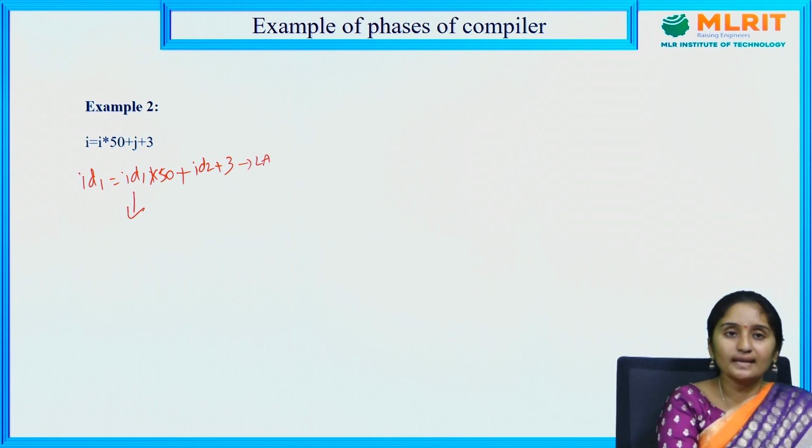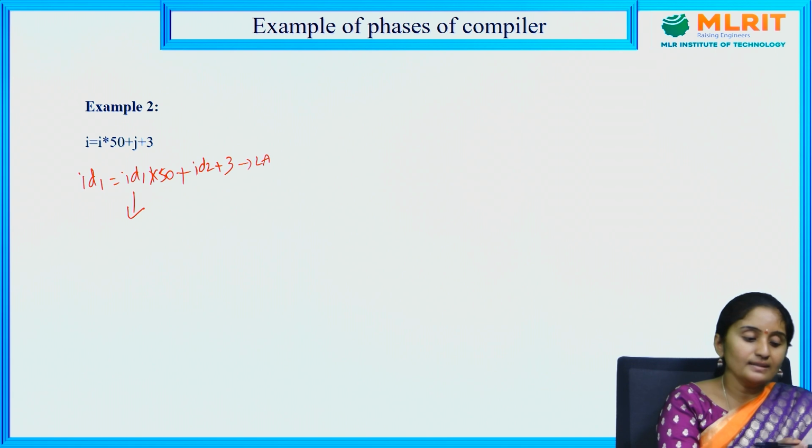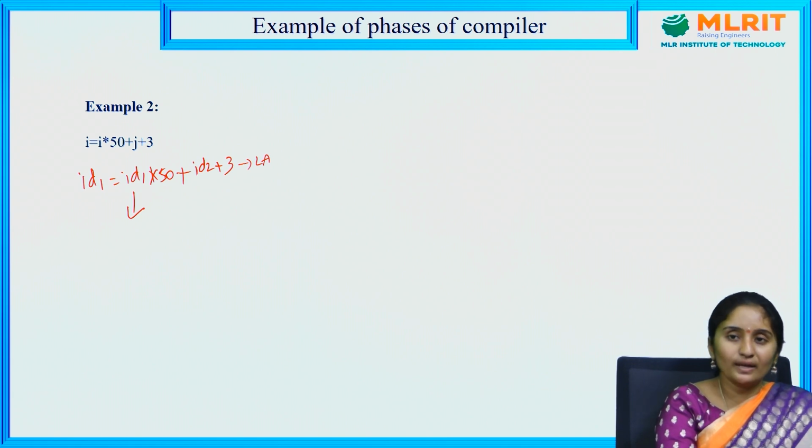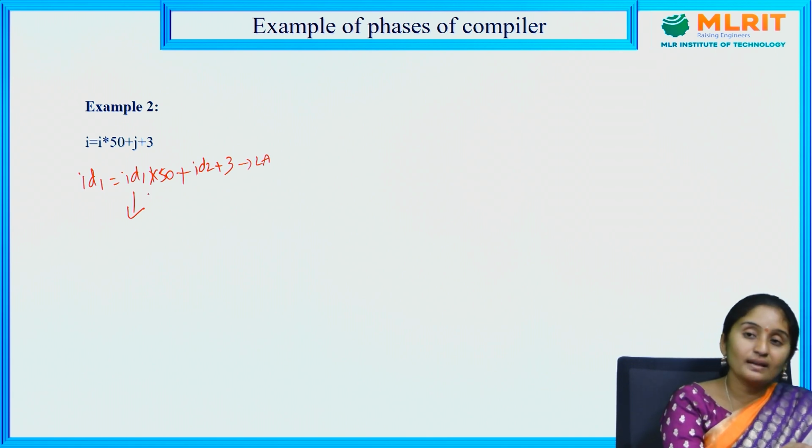This is given as an input to the syntax analyzer. What does the syntax analyzer do? It generates a parse tree by using the context-free grammar. It checks the regular expression, and by using that we construct a parse tree, a syntax tree.